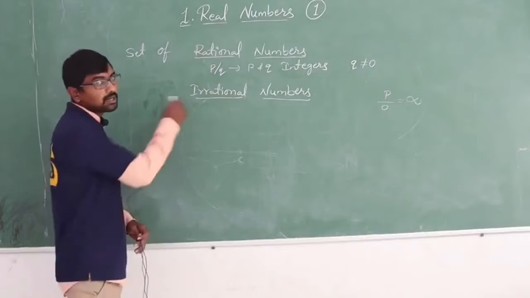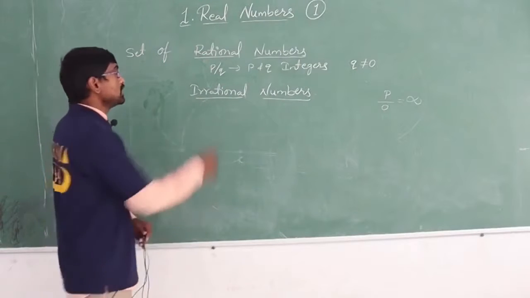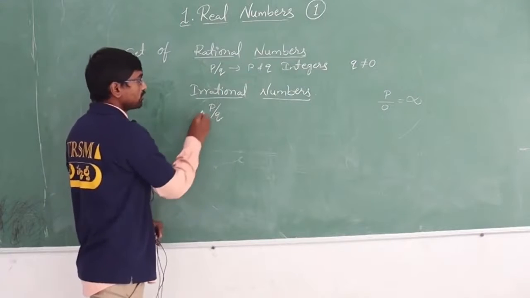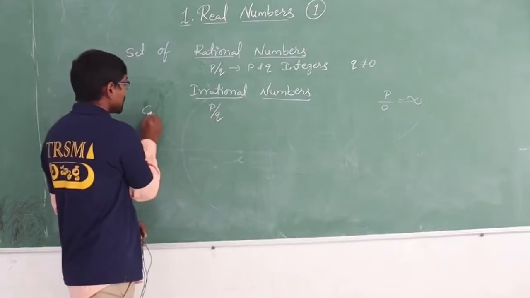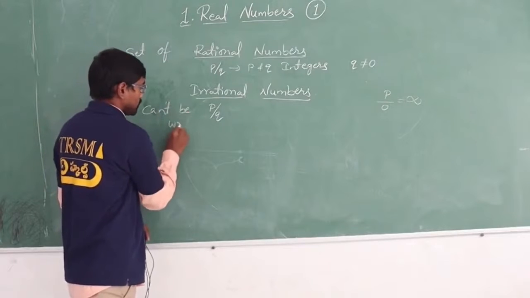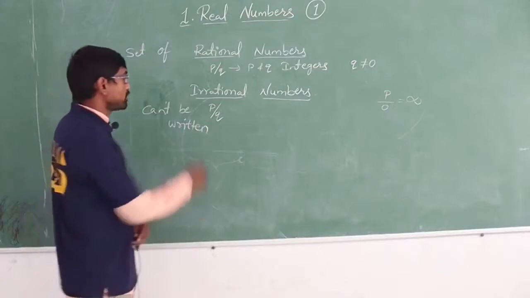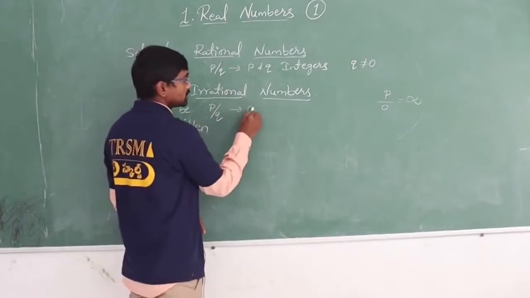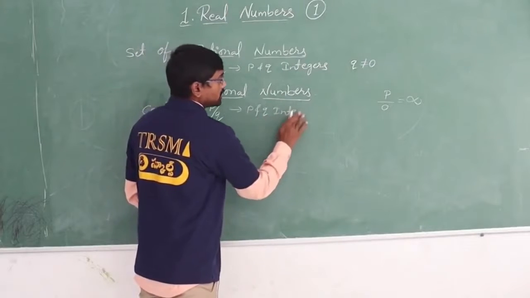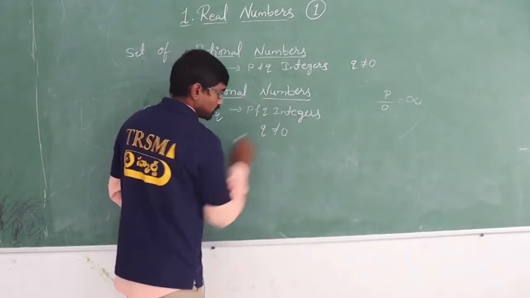Now coming to irrational numbers. What we have discussed in previous classes is that irrational numbers can't be written in the form of p by q, where p and q are integers and q is not equal to 0.